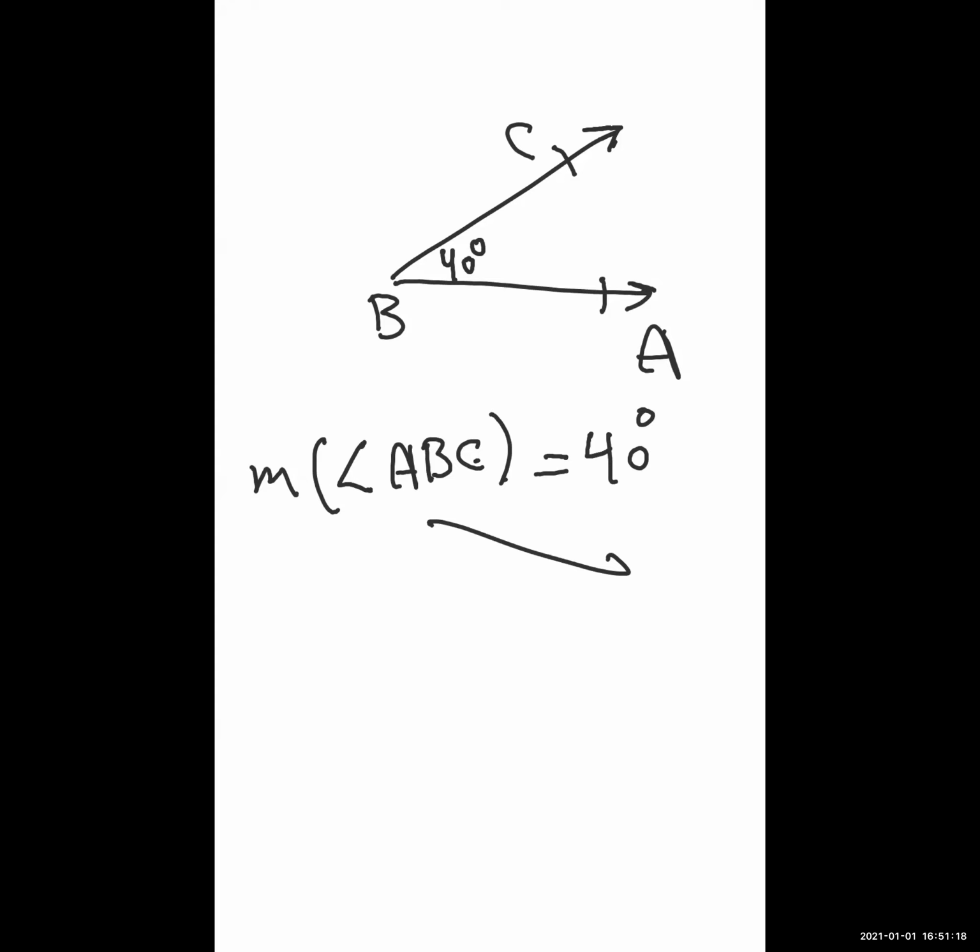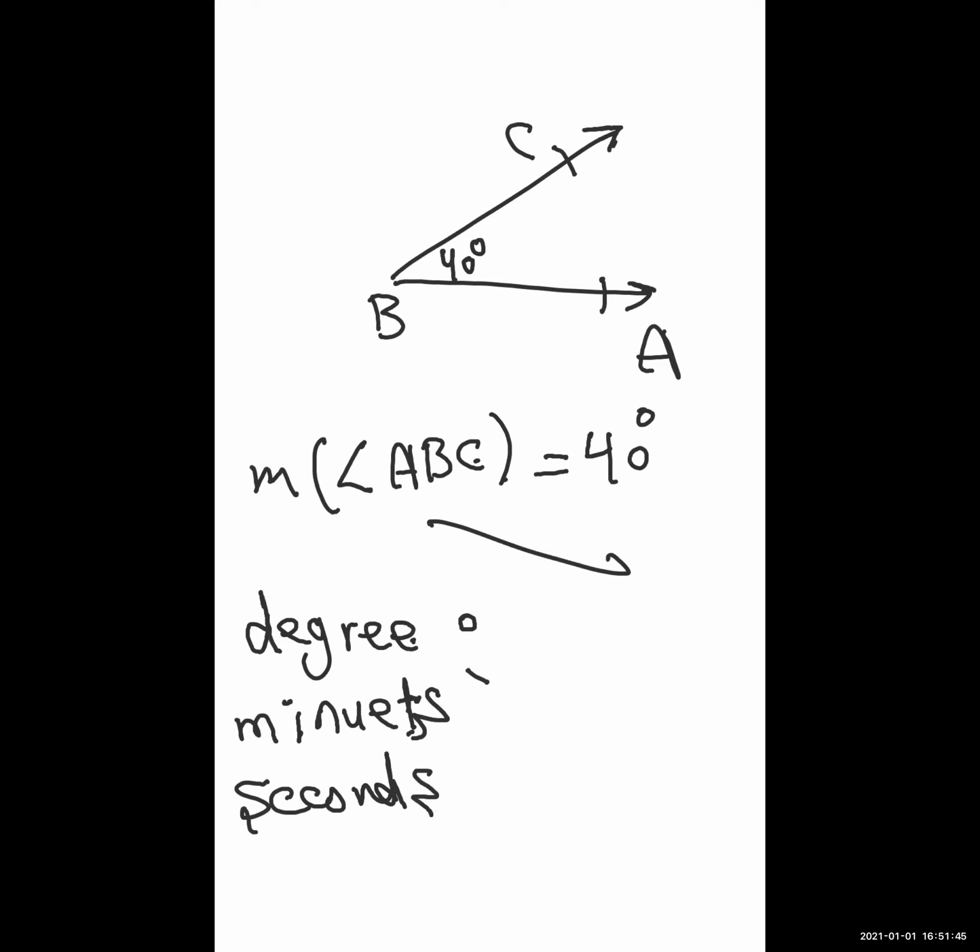The first unit is the degree, and we denote it with a small circle, then minutes, and we denote it with this symbol, and then seconds, and we denote it using this symbol. So the first measurement unit for angles is the degree, then the minutes, then the seconds.